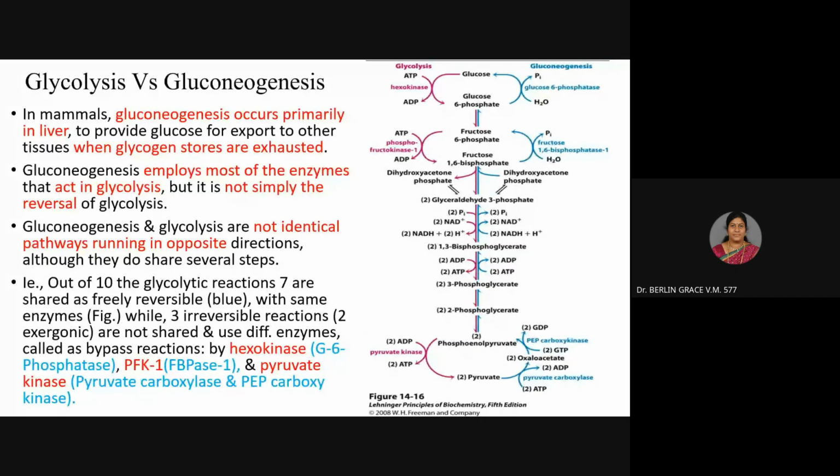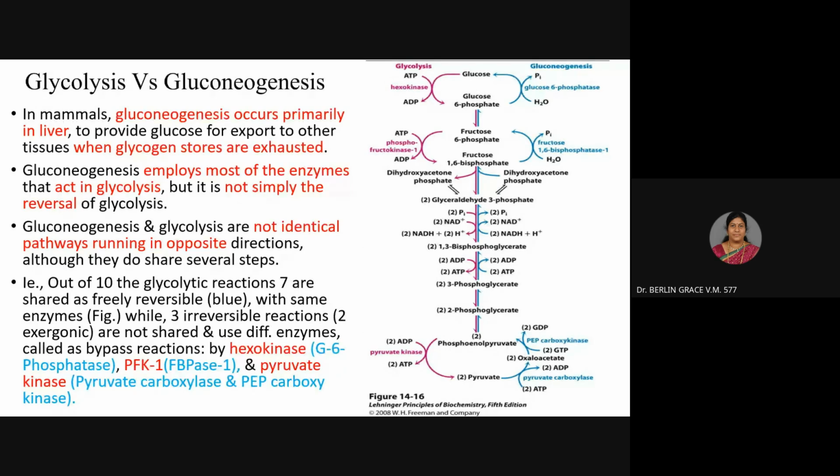The same thing is shared by gluconeogenesis. And the next step, conversion to 3-phosphoglycerate, is also shared for gluconeogenesis. And next, formation of 2-phosphoglycerate is also shared by gluconeogenesis. And phosphoenolpyruvate formation is also shared.